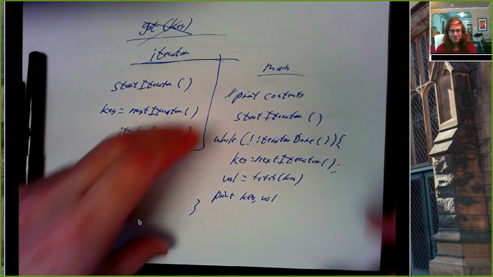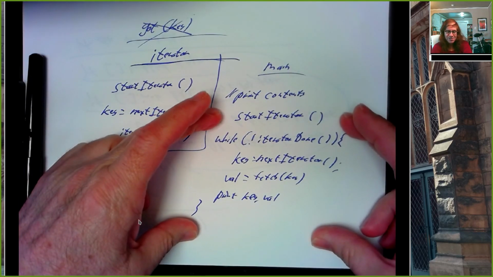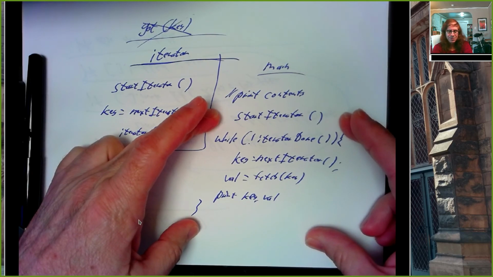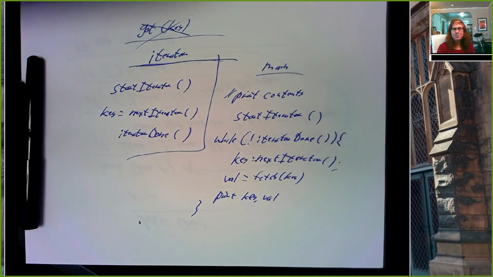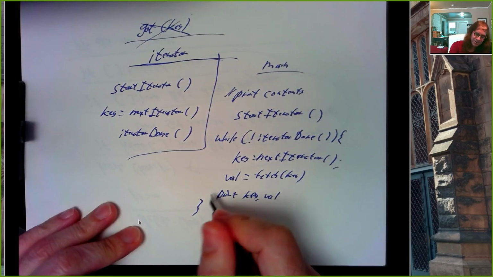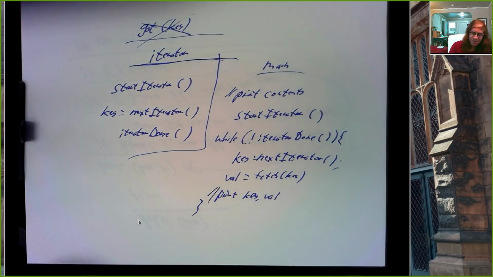So if part of your interface is this facility for handing you keys one at a time, right? Now we can successfully have a main program that goes through and prints or does whatever it wants with the key value pairs. If I didn't want to print, I could make a new node containing that key and that value and add it onto a linked list I'm building.